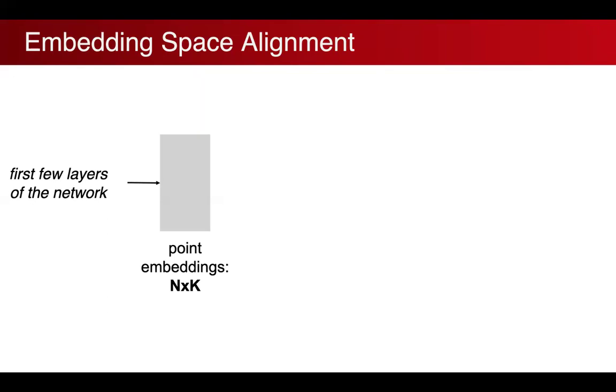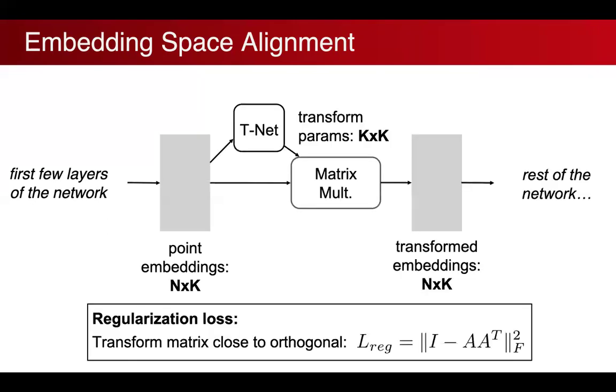Then we can have embeddings, such as we discussed, related to the permutation invariance. And then we can apply this transformation to the point embeddings in the same way. And then this can be propagated to the layers of the neural network.